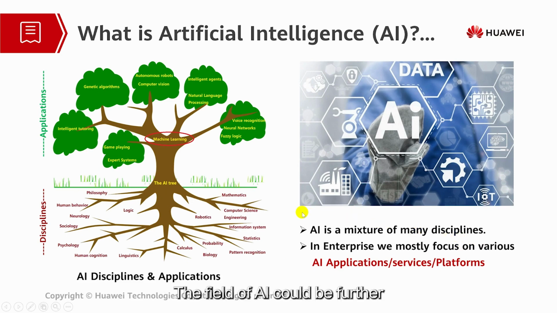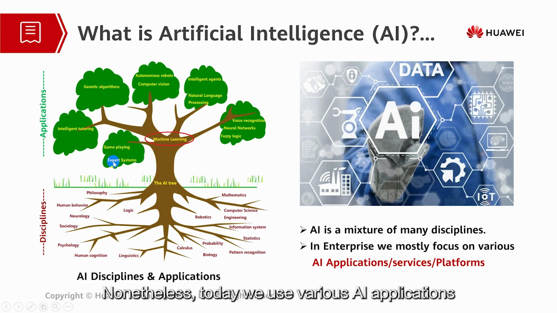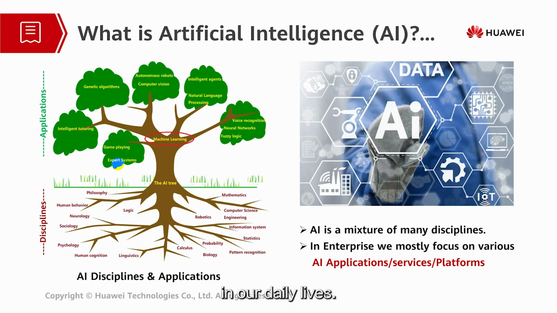The field of AI could be further divided into these main sub-disciplines, such as machine learning, computer vision, natural language processing, robotics, expert systems, etc. Nonetheless, today we use various AI applications in our daily lives.